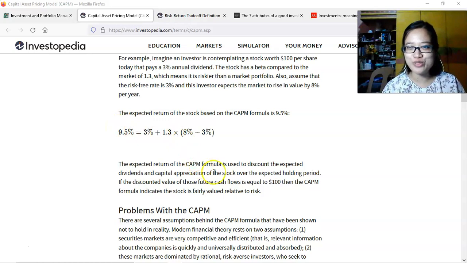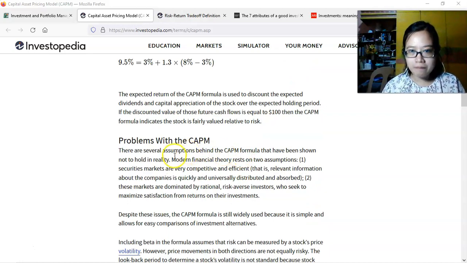Of course, you have to use this with regards to the future cash flows of the company. Okay, but then again, most of the time, it's possible na hindi available yung information and the projected cash flow of the company. But you can probably base this on the historical data, but then again, the actual could be different, right?